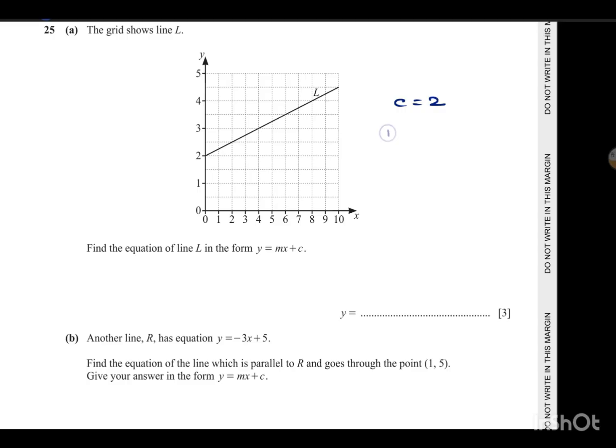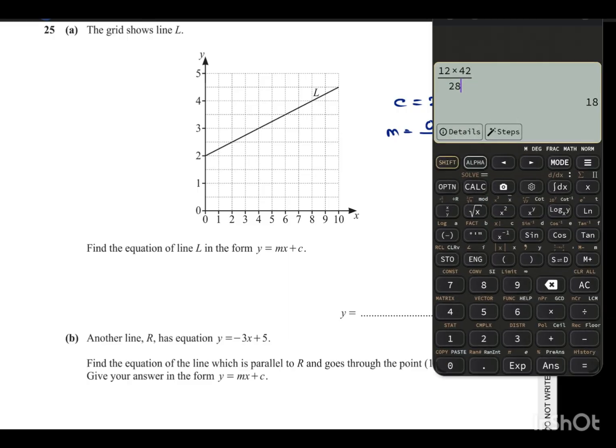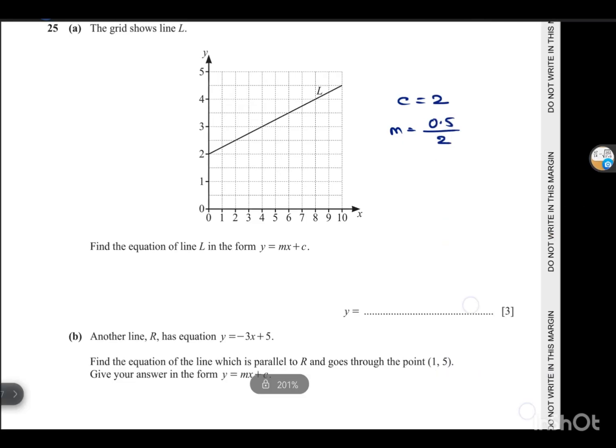So here m is 0.5 by 2. What is 0.5 by 2? 0.25, that is 1 by 4. M is 1 by 4. So the equation is y is equal to 1 by 4 x plus 2. This is the answer.